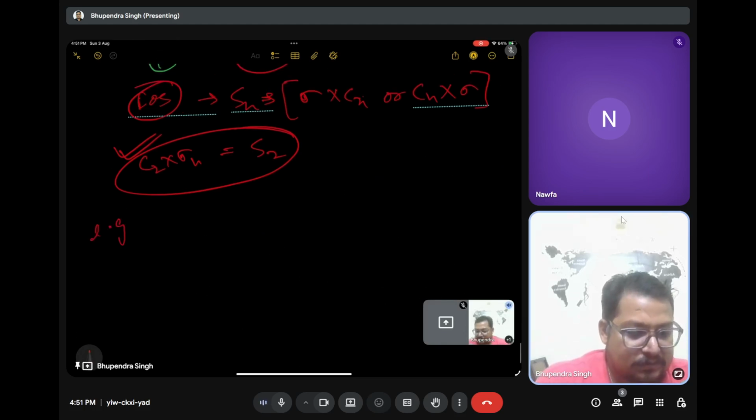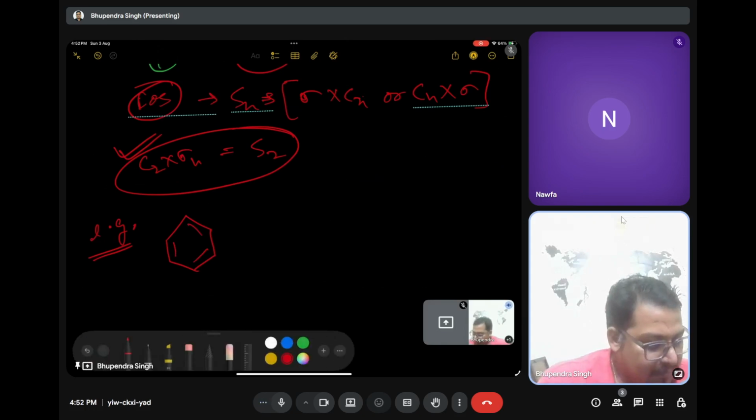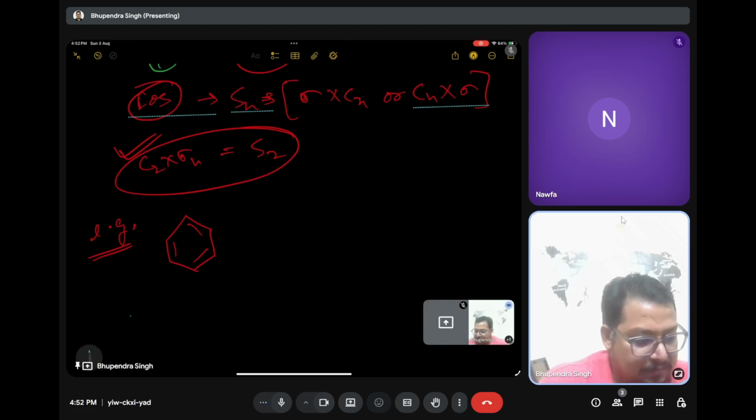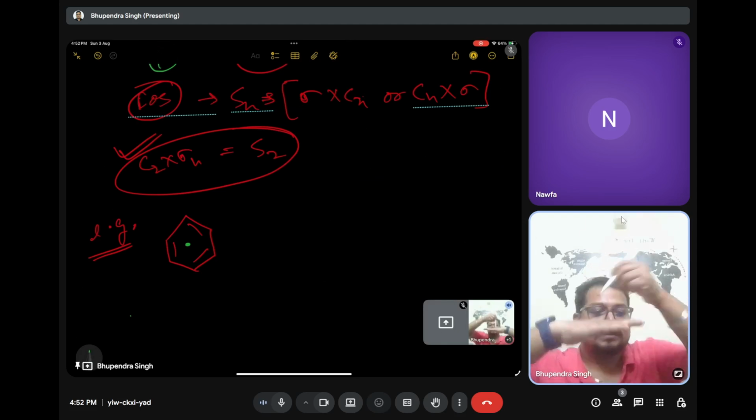Now, the next example is benzene. Here, try to find out what symmetry elements are present. Let's say this is a planar molecule, and this is your axis of symmetry.